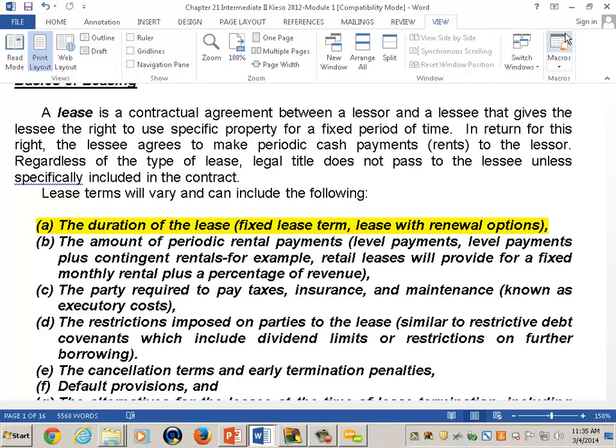The minimum lease payments, I'm going to go back over this a couple of times, and everything we do, as you should know from last semester, I like to put things up front and then keep coming back and building. So minimum lease payments exclude executory costs. So if there are executory costs included in the lease payments, you have to take them out. Why? I want to get the value of the asset. I want to know what the asset's worth.